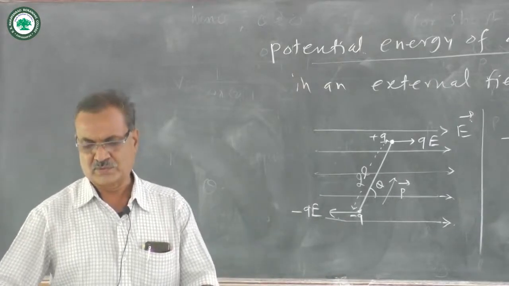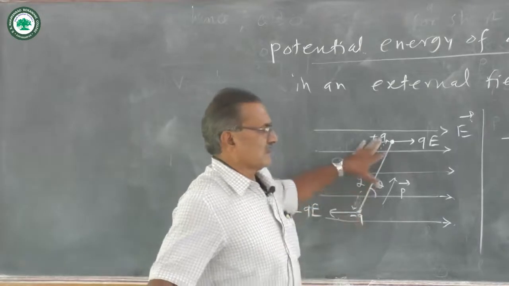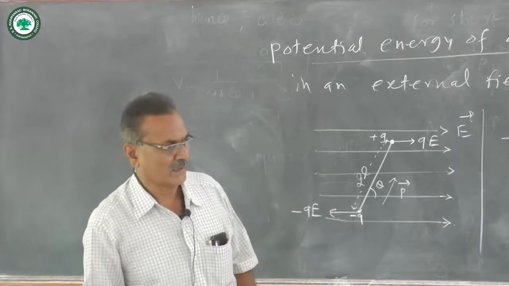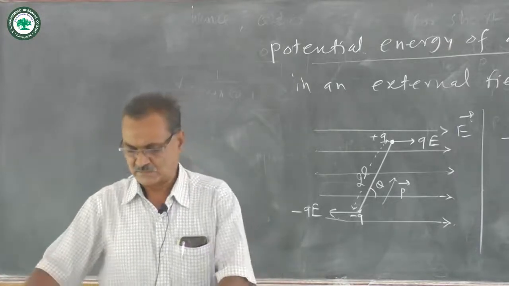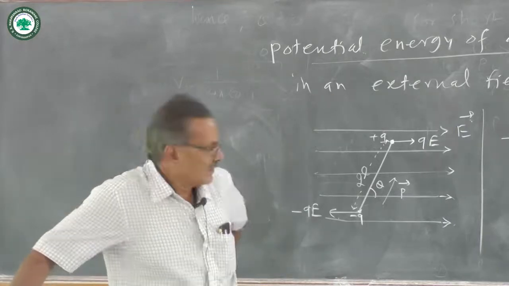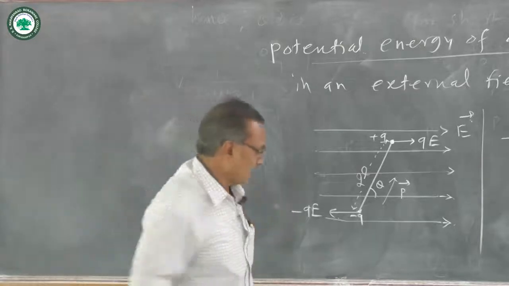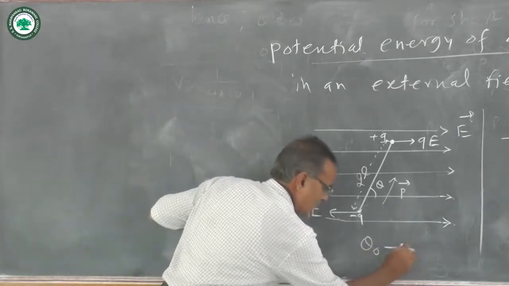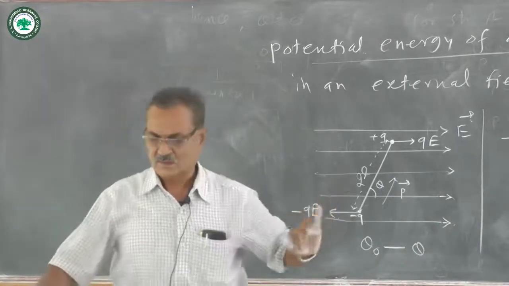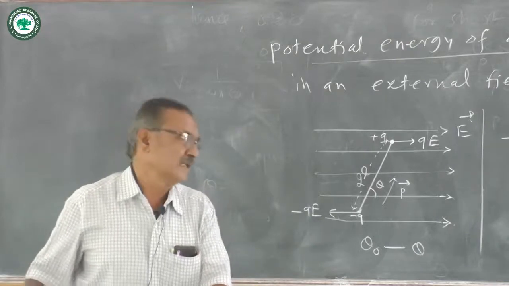In order to neutralize the torque acting on the poles, we have to apply an external torque which rotates it in the plane of the paper from angle theta 0 to theta, without angular acceleration.